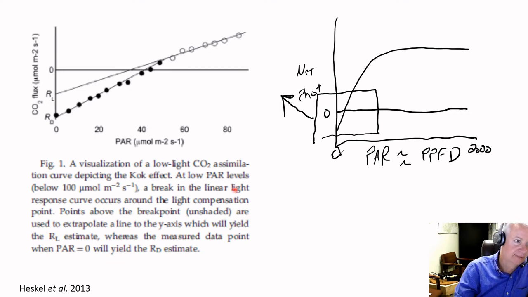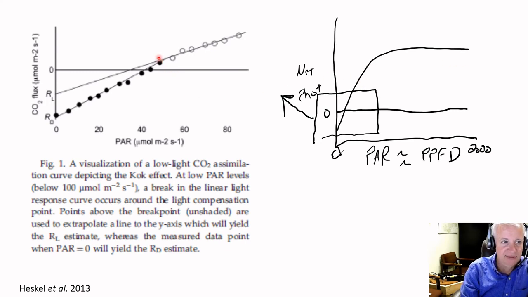So what they're showing is, when you measure this curve, you get these dots. In the dark, you get this estimate of dark respiration, which is equivalent to this number right here. And then as you raise the light, that curve continues up like this.